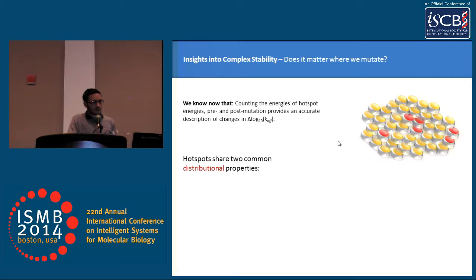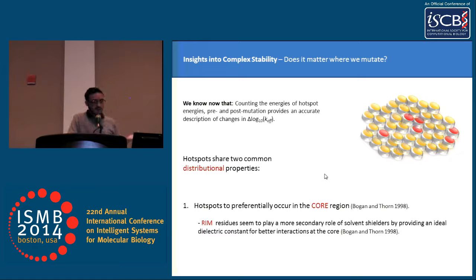To do this, we look at two common distributional properties related to hotspots. First, they preferentially occur in the core region of the complex. This is related to the O-ring hypothesis. The idea is that the important parts of the complex are centralized towards the core, and rim residues tend to play more of a secondary role. They are just there to shield the core region from the solvent.